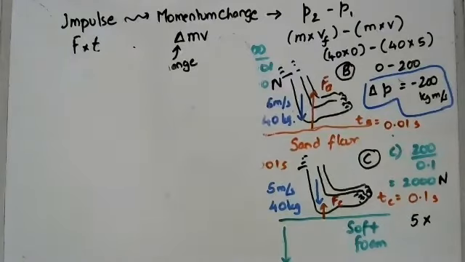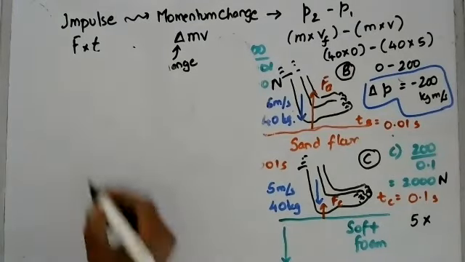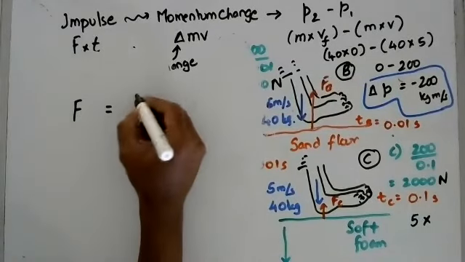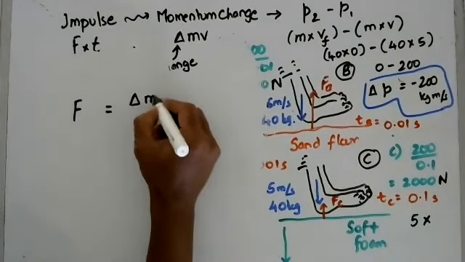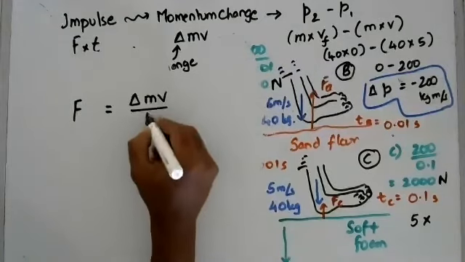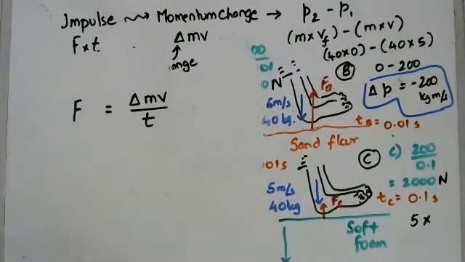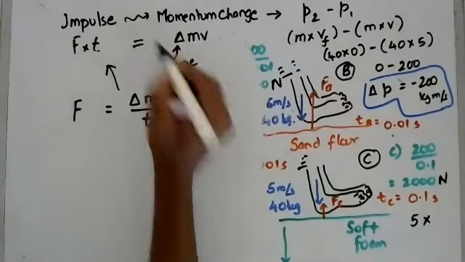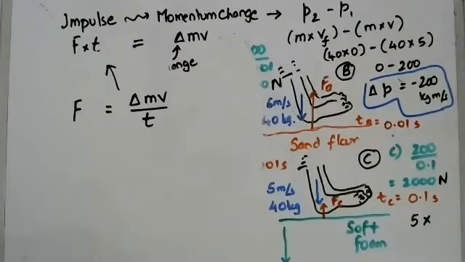So if you followed all the arguments, what we arrived at was the force is equal to change in momentum divided by the time taken. Correct? Yes. Look at this: F times t is equal to delta mv. Now do you recognize what is the connection between impulse and change in momentum?